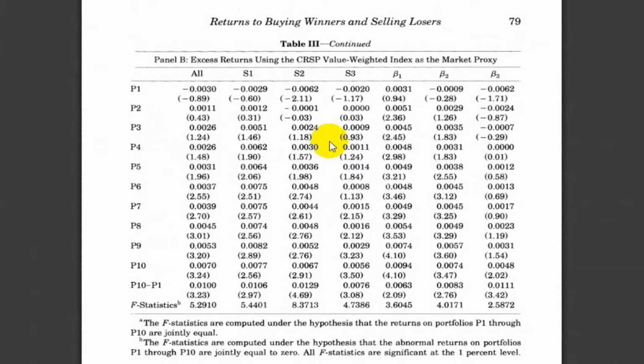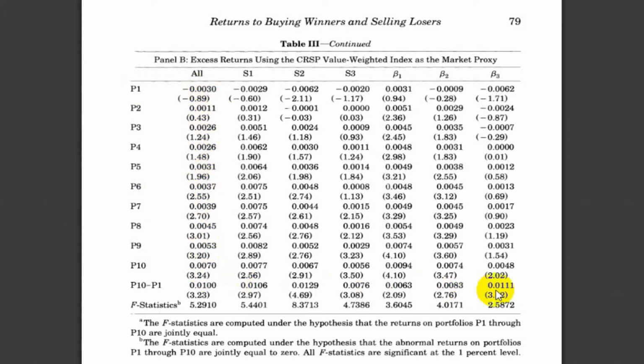So now let's take a look at panel B of the same table. In this table, we're showing the difference between the returns of the portfolios and the market return. So this would be the excess returns over the market. And you can see as the past returns increase, the excess return increases as well.